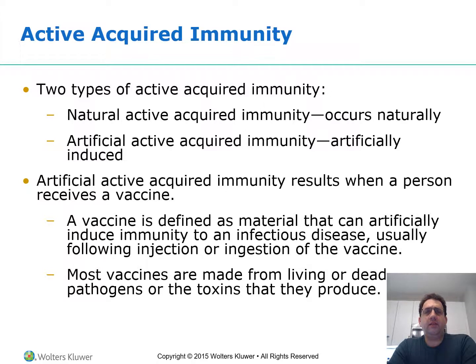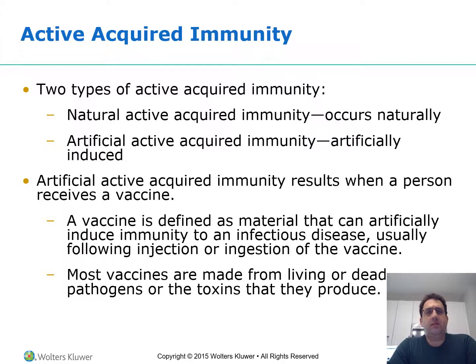So both active and passive immunity can have natural versions and artificial versions. So natural immunity is what happens naturally. Artificial immunity basically means you have to be given it. It's artificially induced. So you could have basically natural active immunity.